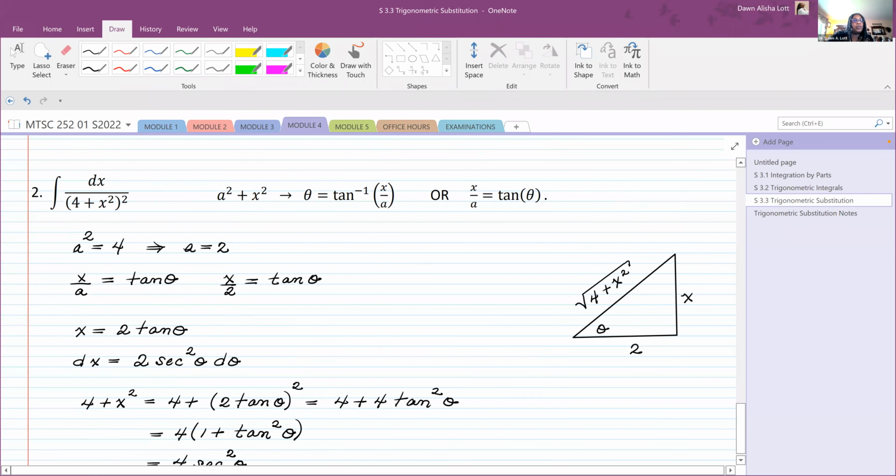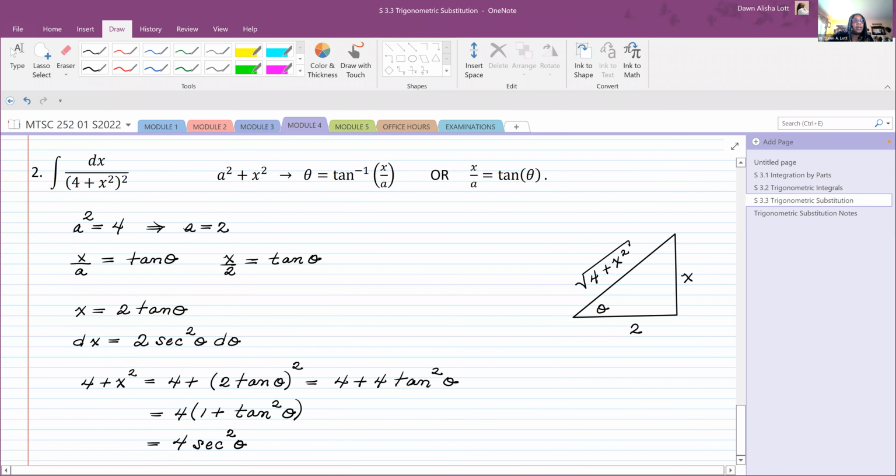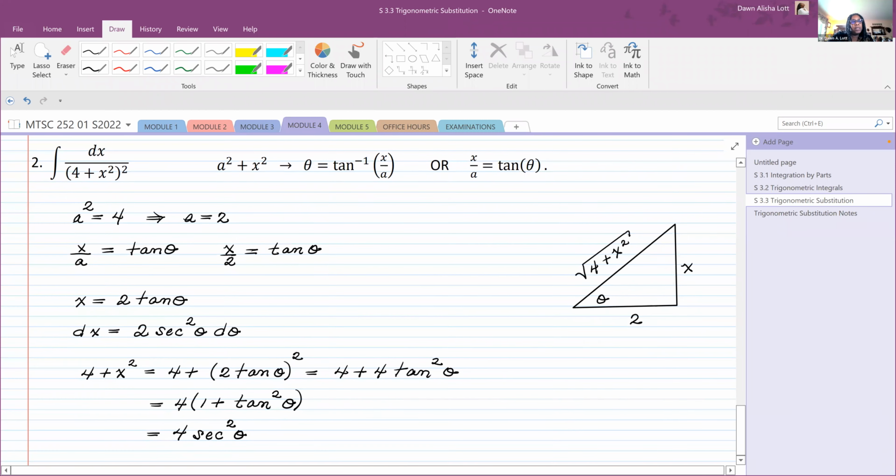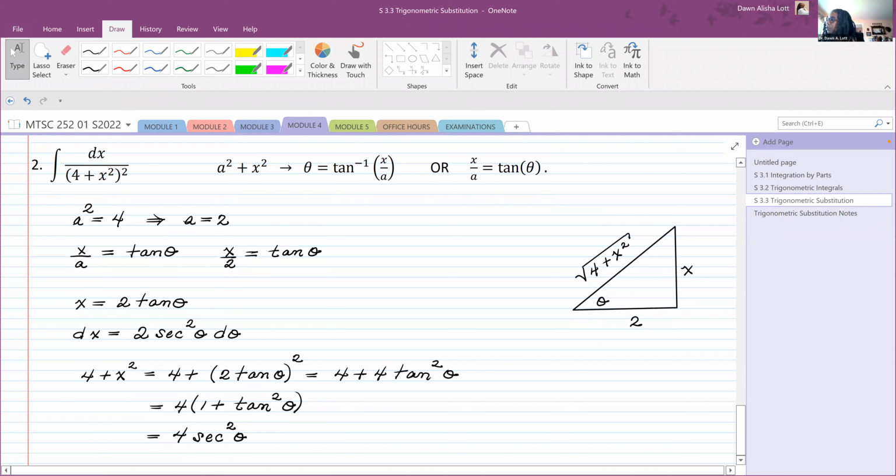So that looks pretty good. I think we're ready to substitute because we have dx and we have 4 plus x squared, and that's the only thing in the problem.